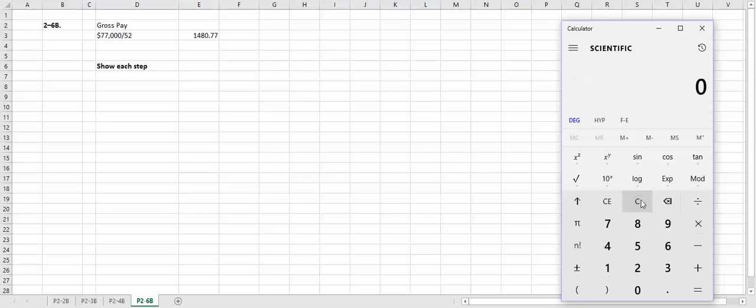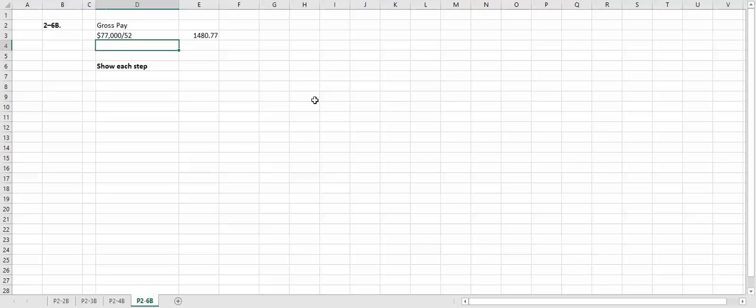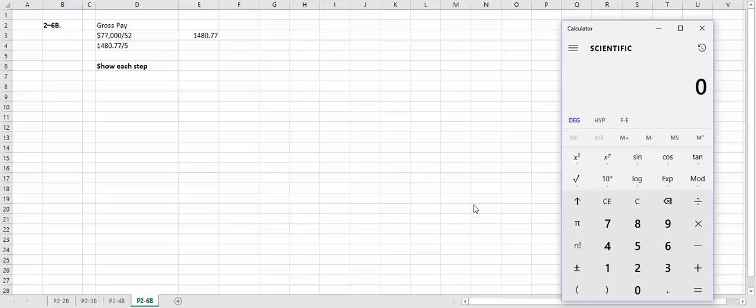So we're going to clear the calculator to make sure we get the correct rounding. So we're going to take the 1480 divided by 5 days, which is going to give us how much per day he gets. $296.15 per day.